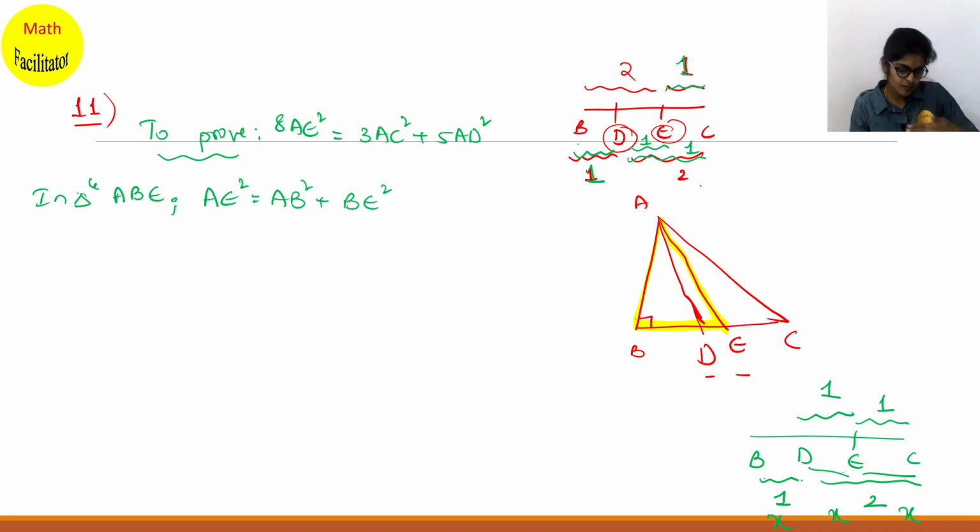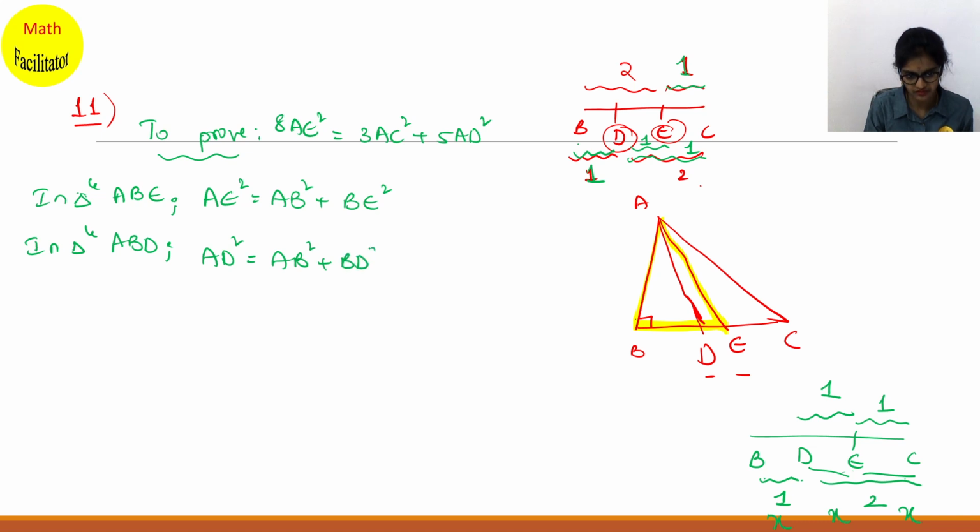So let's take one more triangle. Here you have ABD, which is also a triangle. So let us take that triangle also. In triangle ABD, you have AD square is equals to AB square plus BD square.